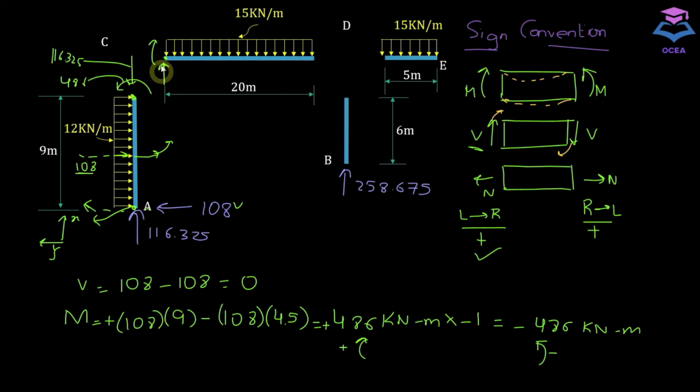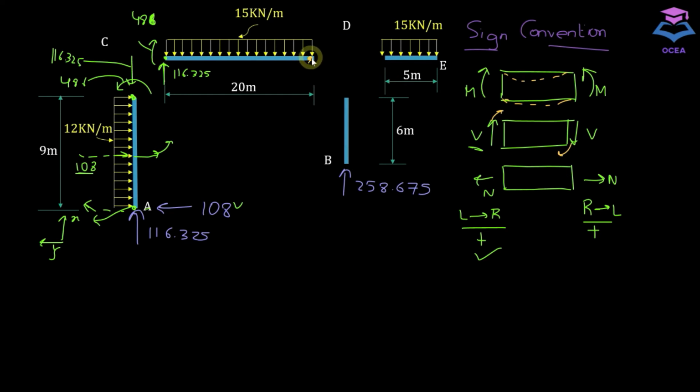Here the force is going downward, I've made this force go upward, and this moment is acting in counterclockwise direction, so this moment will be in clockwise direction. So this force is 116.325, same in magnitude but opposite in direction, and this moment is acting in clockwise direction, 486. Okay, so why do we need to do that? At the joint, we need to keep the summation of moment and summation of force equal to 0.